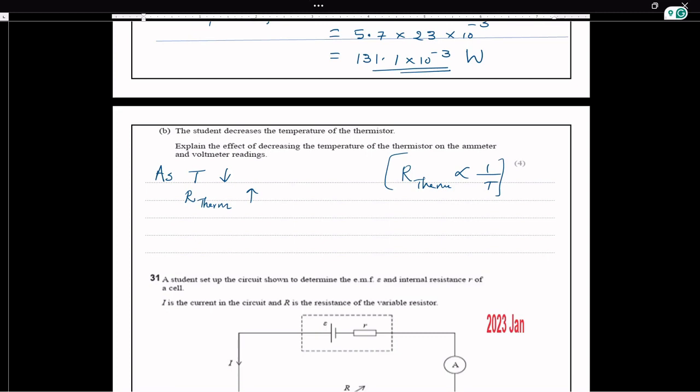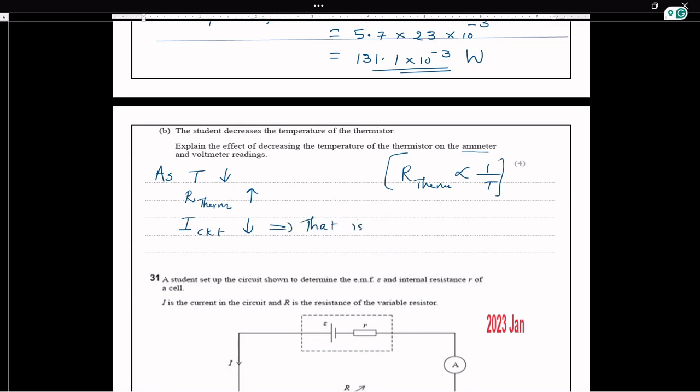When the resistance increases, the circuit current decreases. Now they want the effect on the ammeter and the voltmeter reading. So circuit current decreases, that is, ammeter reading decreases.